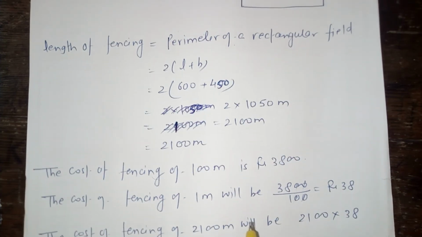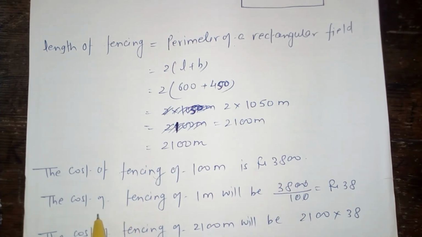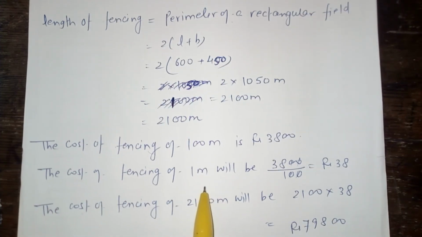Now we will find out the cost of the fencing. What is the condition? The cost of fencing of 100 meter is rupees 3800. So we will find out the cost of fencing of 1 meter.